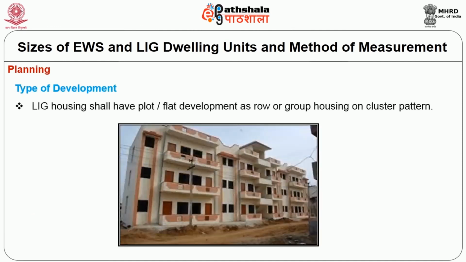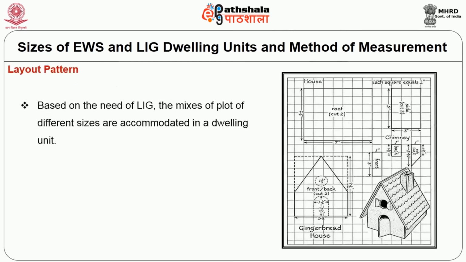In planning, the first one is the type of development. LIG housing shall have plot or flat development as row or group housing on cluster pattern or layout pattern. Based on the need of LIG, mixes of plots of different sizes are accommodated in a dwelling unit.